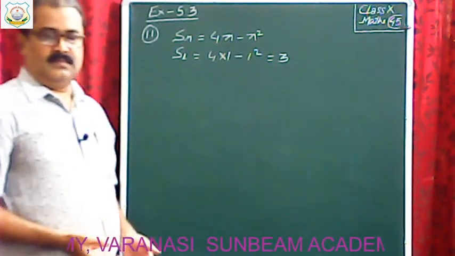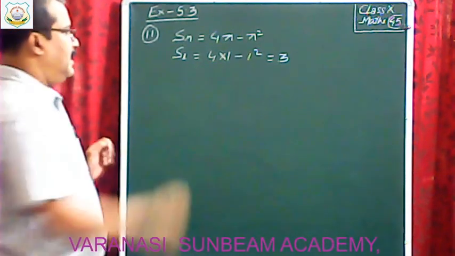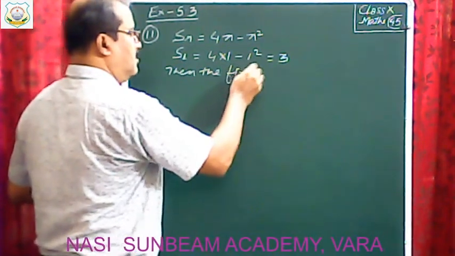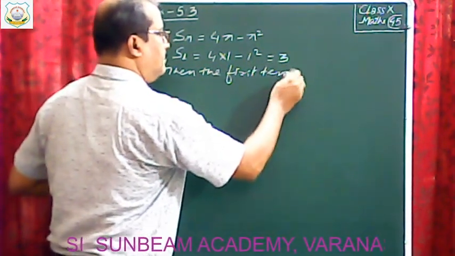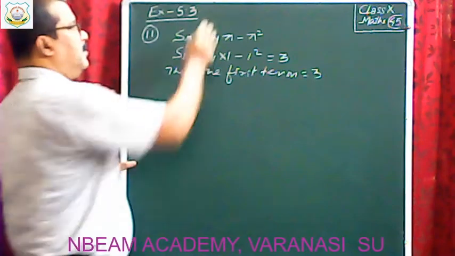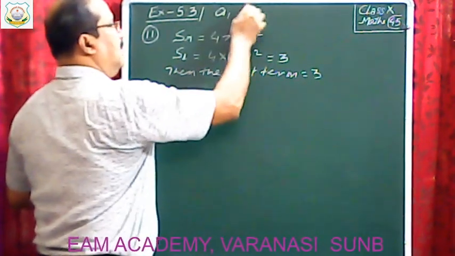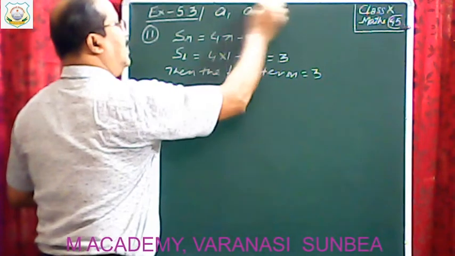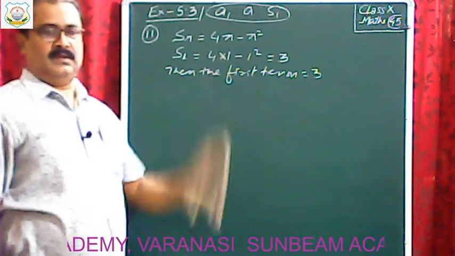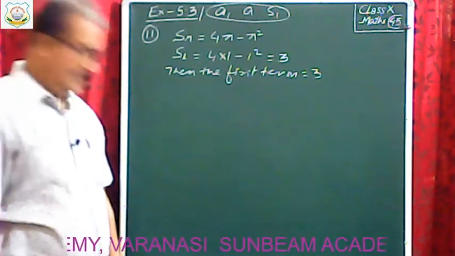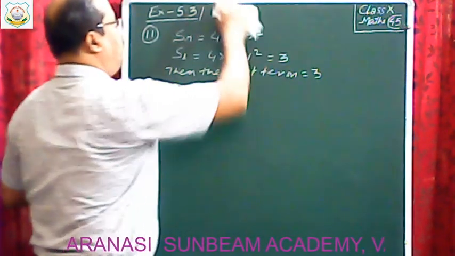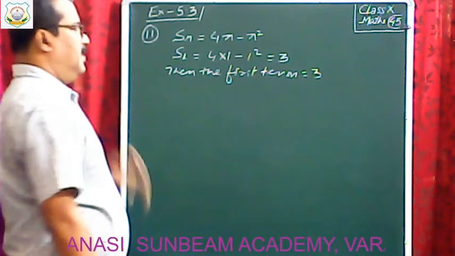So the sum of one term, that is the first term of the AP, we can write the first term equal to 3. One thing you have to keep in mind: A1 and S1 are the same in an AP. A1, S1, these are all the first term of the AP. S1 means sum of one term, that is the first term of the AP.